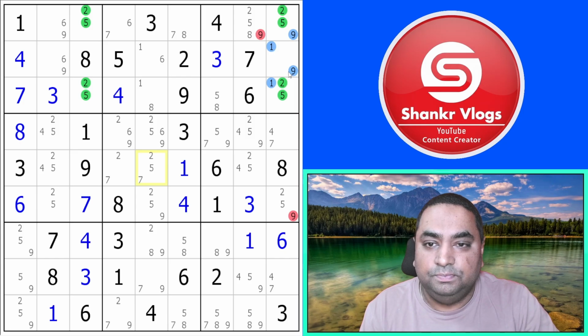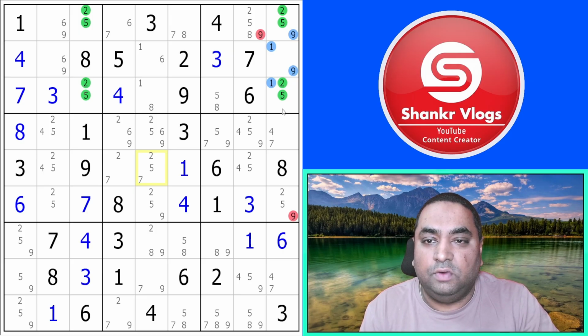As you can see, here 1 and 9 is formed within a cell. So the combined pair and this cell form a naked pair. As you can see, this is formed within a block as well as within a column. So here you can remove 1 and 9 in a column and also in a block. So here 1 and 9 is formed in a block.